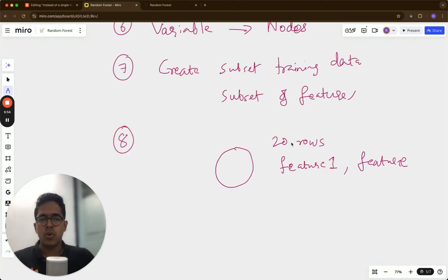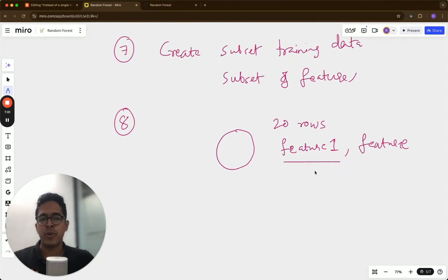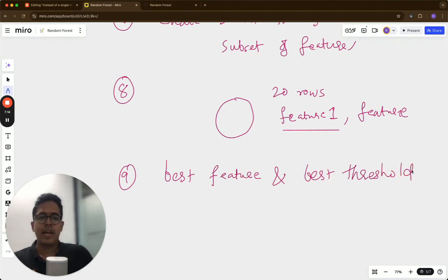But into this node, let's say you have 20 data points. Now you have to decide how to split this node: which feature to select, and what is the threshold value. So you have to identify the best feature and best threshold for every node.